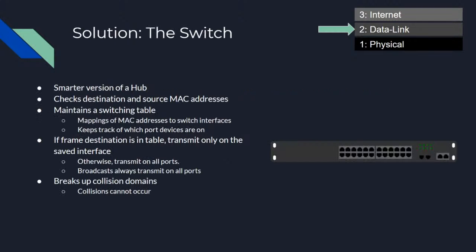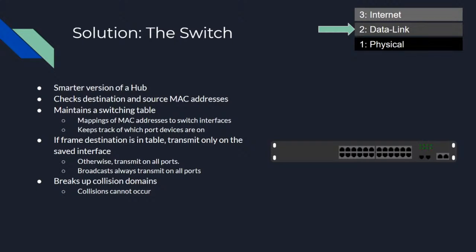So, the solution: the switch, which is a layer 2 device, essentially a smarter version of a hub, which can check all the layer 2 information. It checks the destination and the source MAC address in the layer 2 frame. Then it maintains a switching table, which is essentially mappings of MAC addresses to each interface on the switch. It says, okay, this device transmitted on this port.